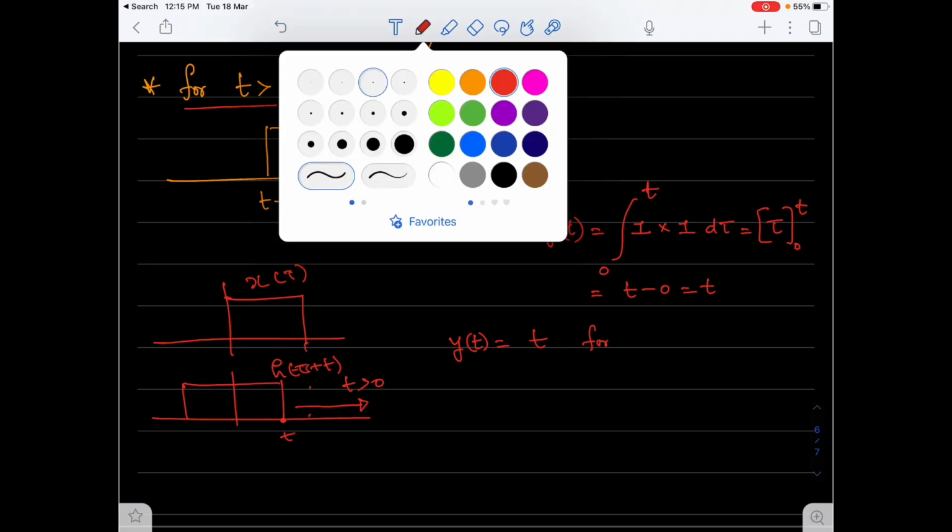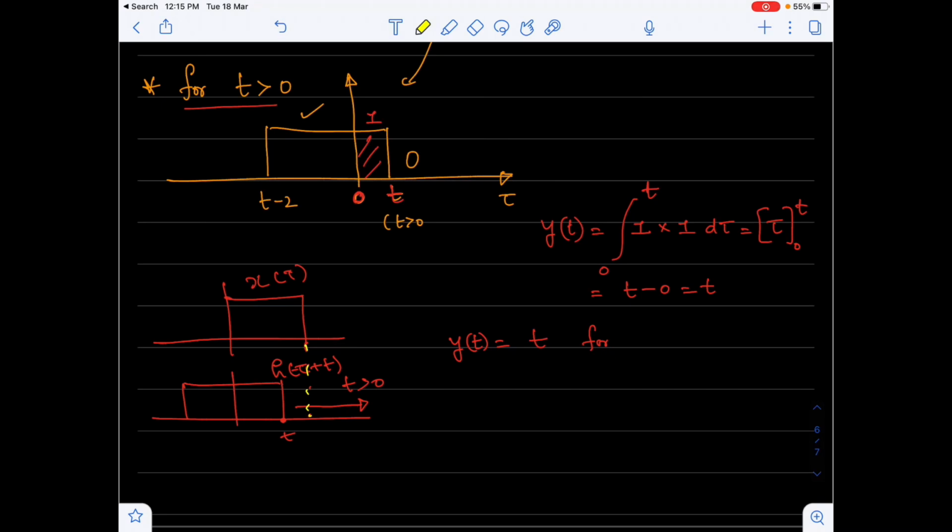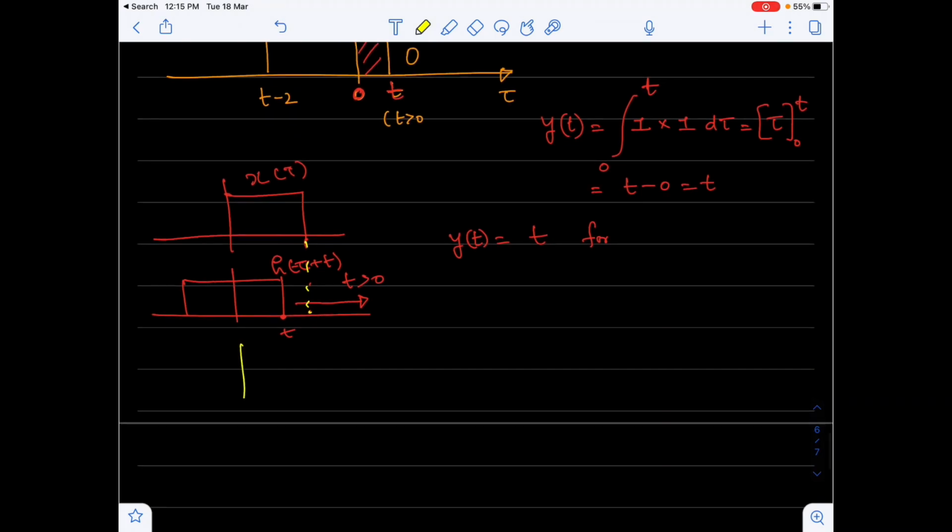If it crosses that point, I will write it, it will be here, right? So there is nothing for x of tau. There is no value for x of tau for t greater than 1, but there is something here, so if I multiply, the answer will be 0, so my integration limit will change from 0 to 1 anyway.